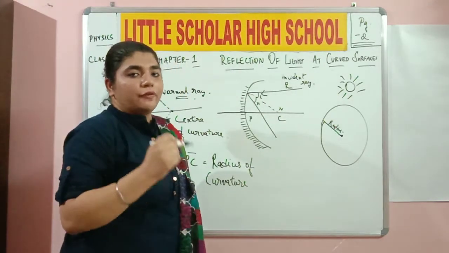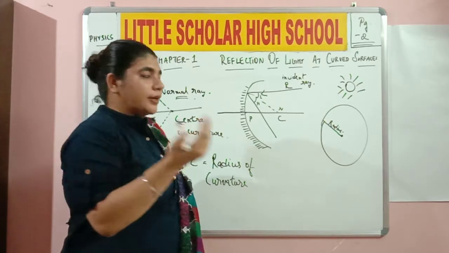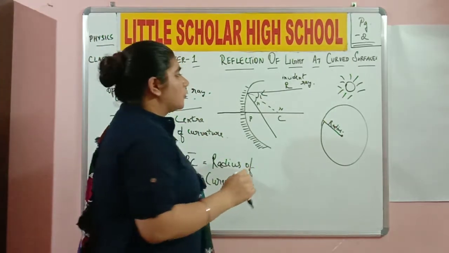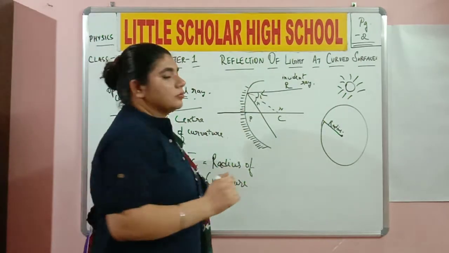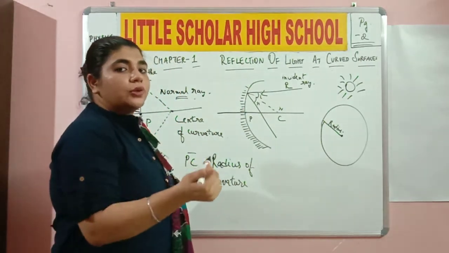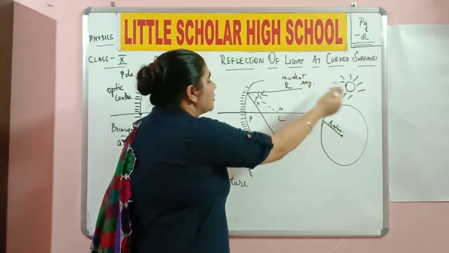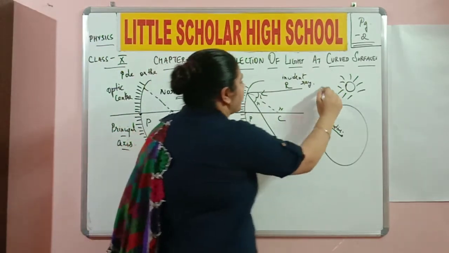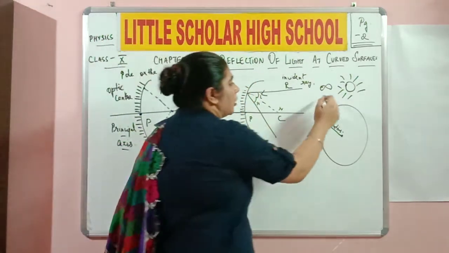You definitely know the distance between the sun and the earth through the internet and by googling it, of course. But can you calculate the distance between the sun and the mirror? No. Okay, so we are going to consider the distance between the light source and the mirror to be infinity. Do you understand? That is an estimation.